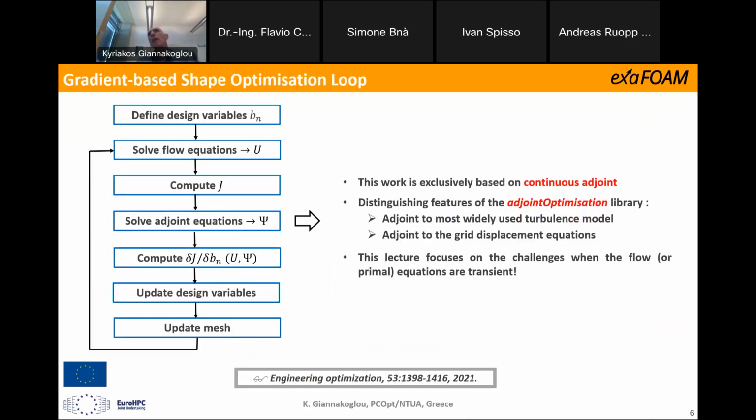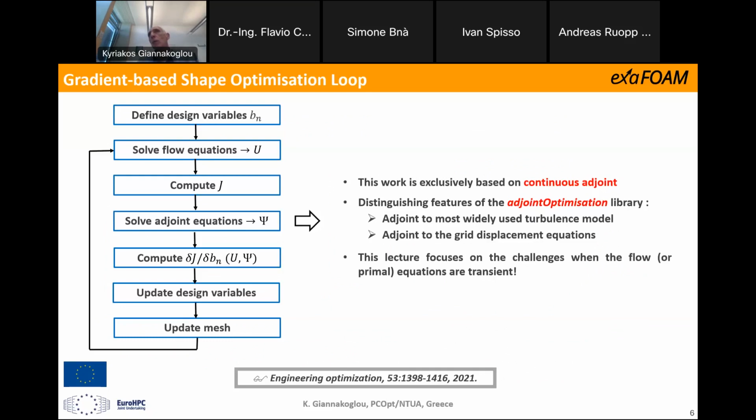How does an optimization loop look like? We start by defining the design variables. Then we are solving the flow equations. We are computing the flow field. We are computing the objective function J. Then we are solving the adjoint equations.